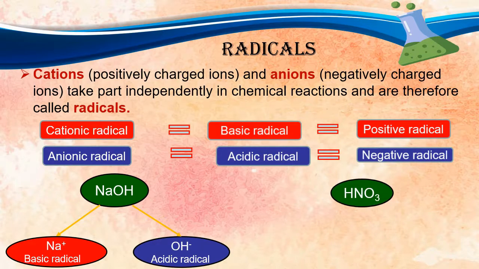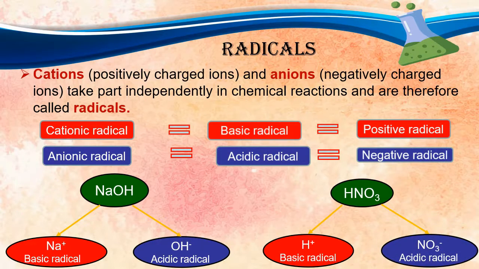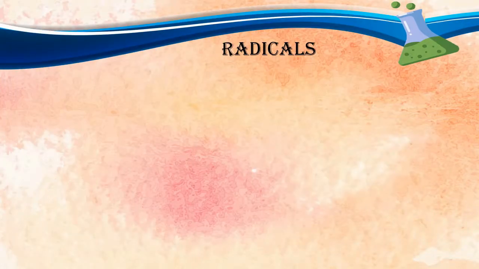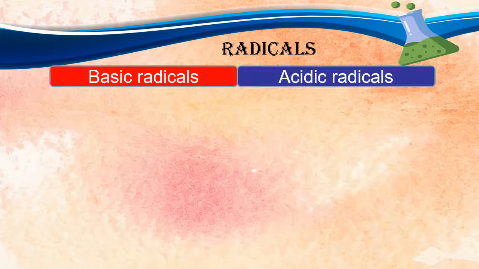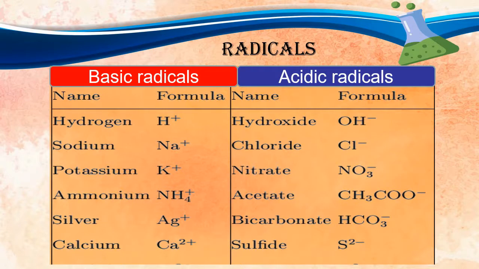HNO3, that is nitric acid, contains H+ as basic radical and NO3- as acidic radical. Here in the table, basic radicals and acidic radicals are given with the formula.